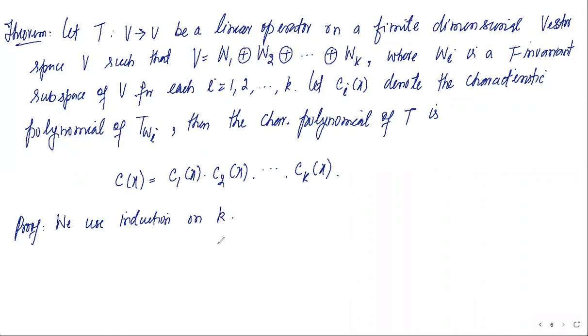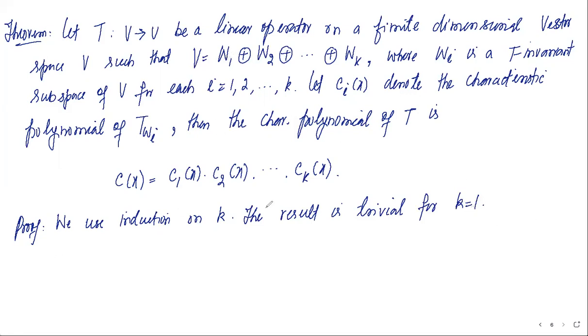In fact, if we see k equal to 1, then the result is trivial, because then we will just get V is equal to W1 and we have nothing to do.